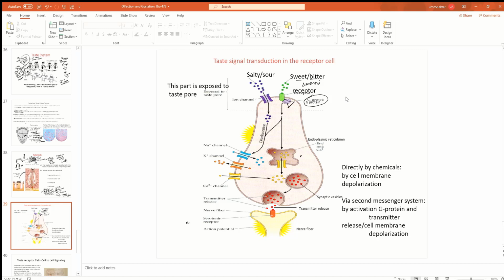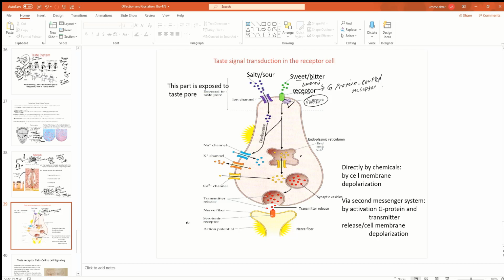So this receptor is a G protein coupled receptor. Okay, will be activated by sweet, bitter, umami.